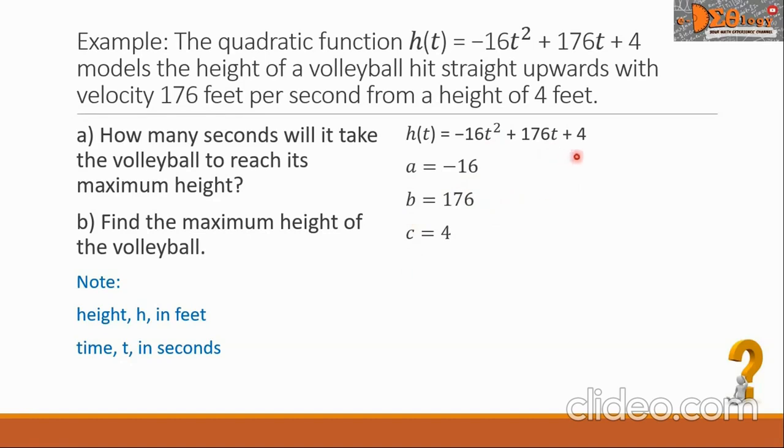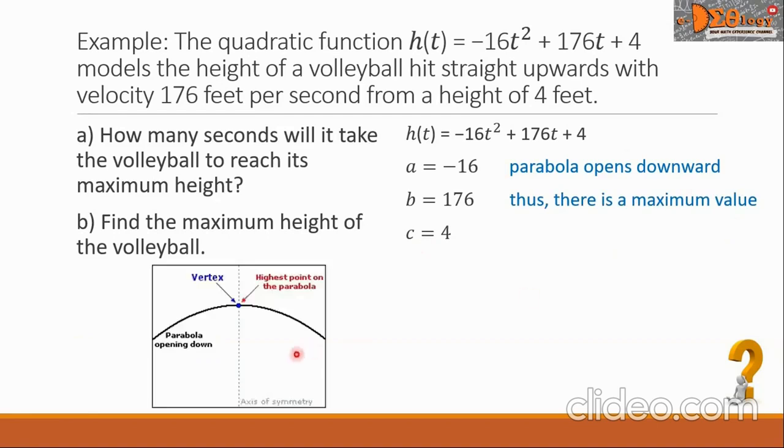C is the constant, which is 4. So we have here a quadratic function with the value of a as negative 16. So we have here a parabola that opens downward. It means to say we have a maximum value.